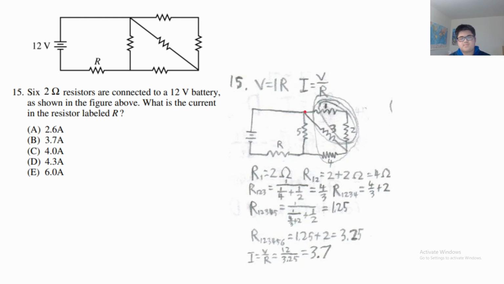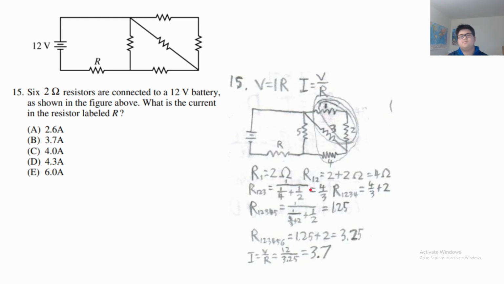First you know that resistors 1 and 2 are in series. Resistors are the opposite of capacitors in the sense that if two resistors are in series, then you add their resistances together, and that is their equivalent resistance. If two resistors are in parallel, you do 1 over the first resistance plus 1 over the second resistance, like in this equation.